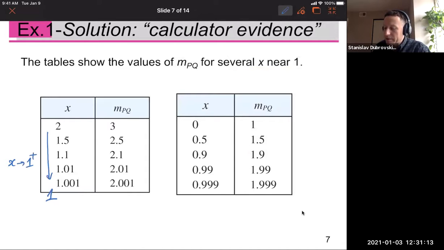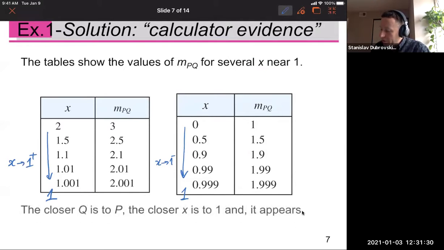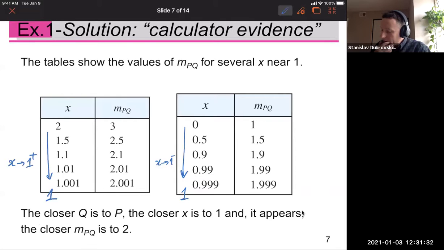We'll indicate it like that. And in this right table, we're approaching 1 from below through values which are smaller than 1. So we can say that x approaches 1 from the left. What are we seeing here? What is the conclusion? The closer x approaches 1, the closer the values seem to approach 2.